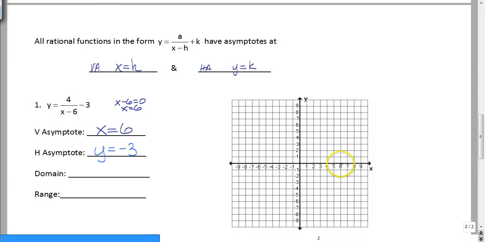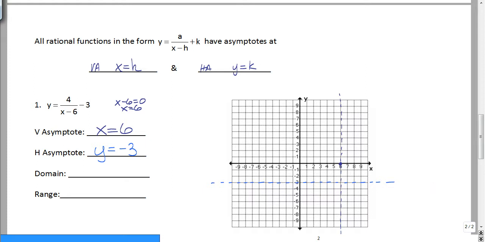So we go to x equals 6, and we're going to do a vertical. Remember, it's a dashed vertical line. Asymptotes represent values that cannot exist, so that's why we do not make them solid lines. And we have our y equals -3. And those are our asymptotes.